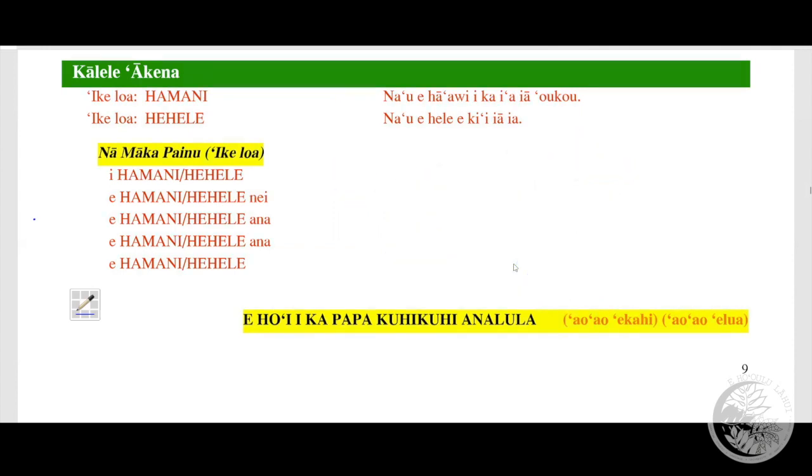Now, in regards to the makapainu in a Kālele ʻākena, think of makapainu that's generic, habitual. I wash clothes. Who washes the clothes? Who's responsible? I do. I wash it, naʻu.